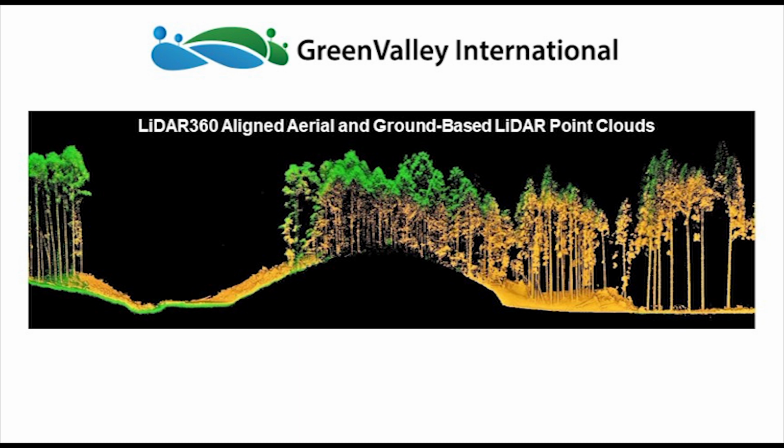I'm now going to launch into providing you with details of how you can actually go about using the rectify tool in LiDAR 360 to co-register two data sets to fill data holes.